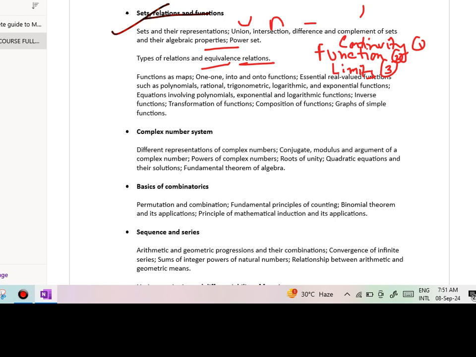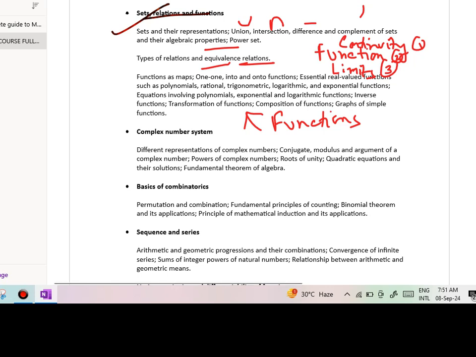Essential real valued functions like polynomial, rational, trigonometric, logarithmic and exponential functions are there, and equations involving polynomial, exponential and logarithmic functions. Inverse functions, transformation of functions, composition of functions and graphs of simple functions are also there. So this is all for functions.